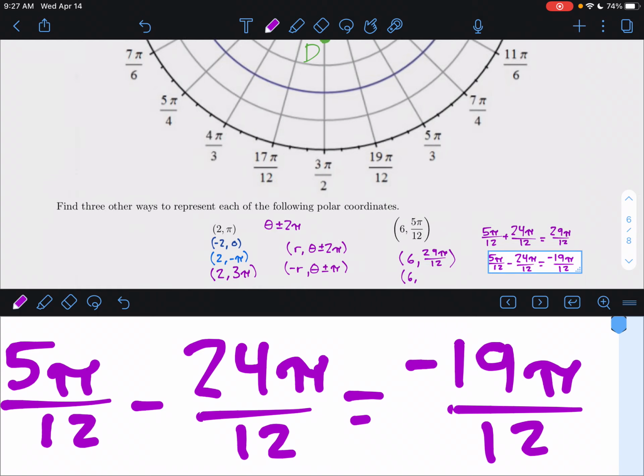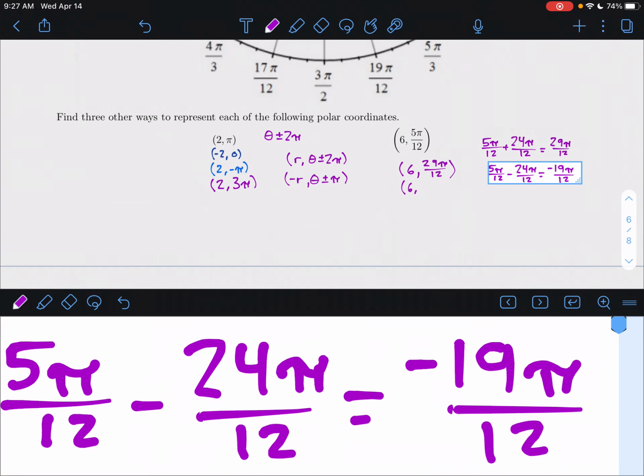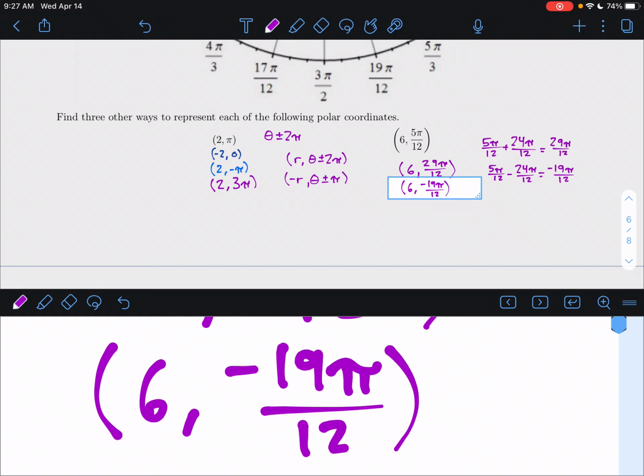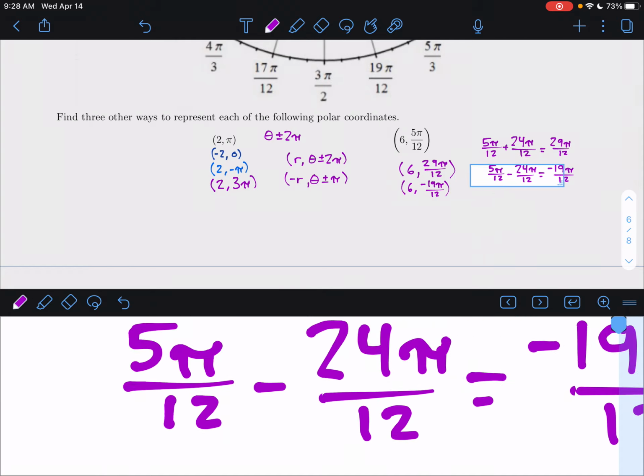So negative 19 pi over 12 as an option. I just got an email from Dr. Ware that internet's out all over the county. Great. So that's my other option, (6, -19 pi over 12).